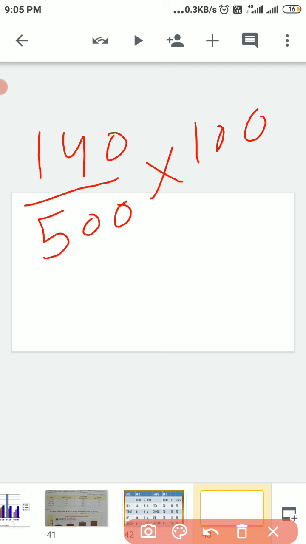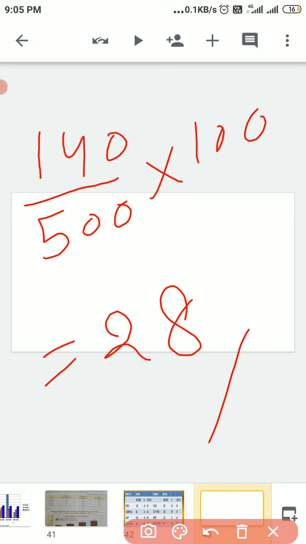Means whatever the data value is given, that has to be divided by the total value. Then its value will come equal to 28. So this is our percentage. Likewise, we have to calculate the percentage for each value.